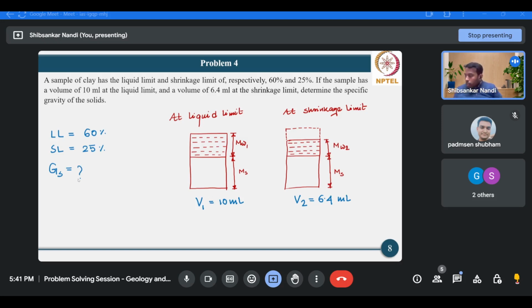Now first let me know, what do you understand by these limits, Atterberg limits? Liquid limit and shrinkage limit. What is the definition of liquid limit and shrinkage limit? Any idea?